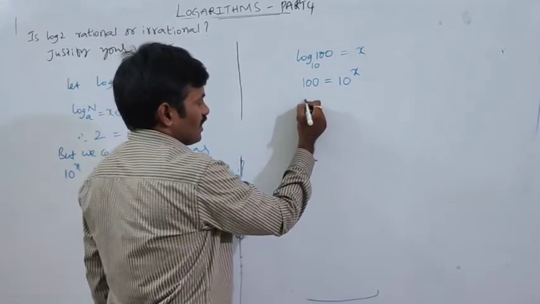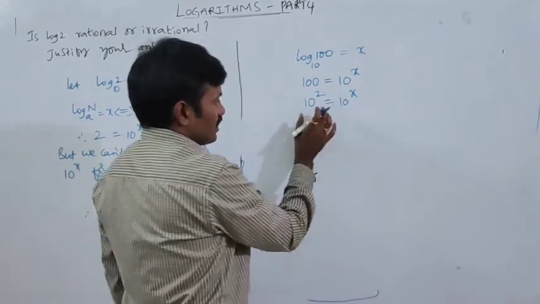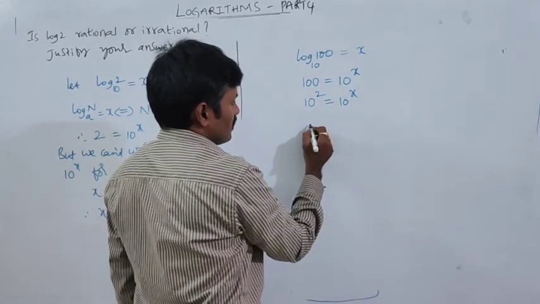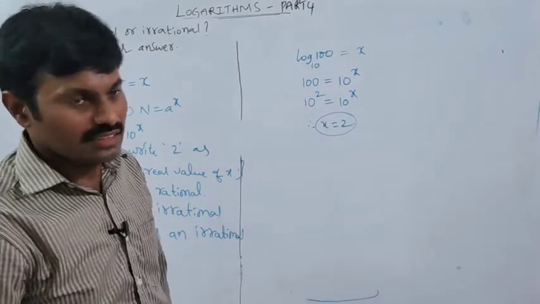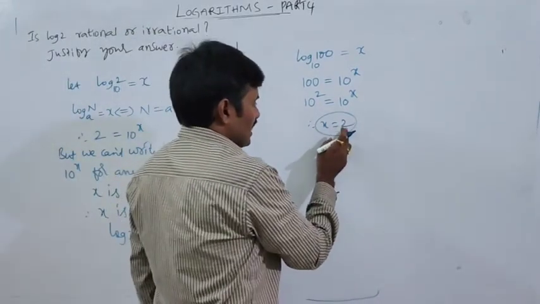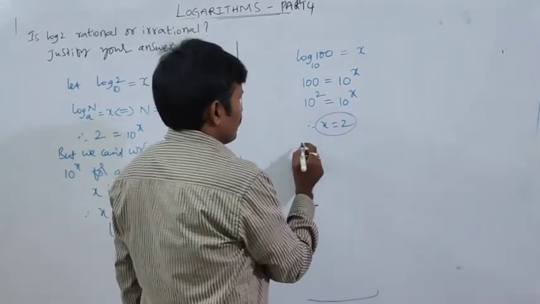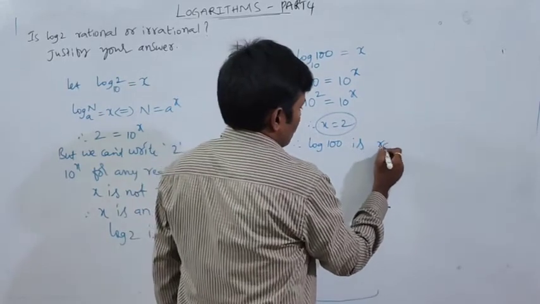How? 100 can be written as 10 to the power of 2, that is equal to 10 to the power of x. Here the base is equal, the equal sign is in the middle, then the power is equal. Therefore x is equal to 2. Now we found the x value easily. So is it rational or irrational? 2 is a rational number. Therefore log 100 is also rational.